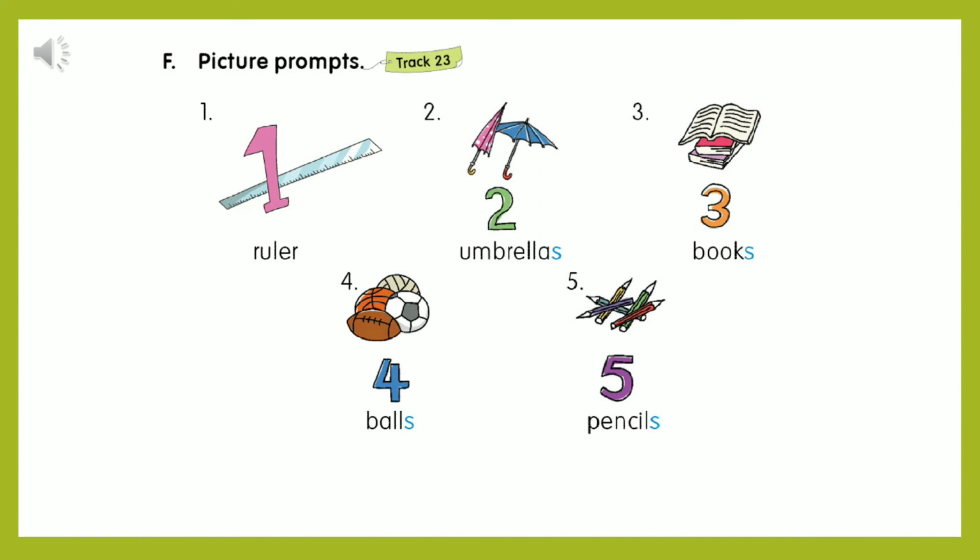How many books? 1, 2, 3. 3 books. Number 4. How many balls? 1, 2, 3, 4. 4 balls. Number 5. How many pencils? 1, 2, 3, 4, 5. 5 pencils.